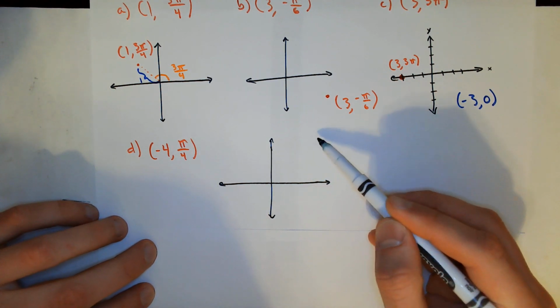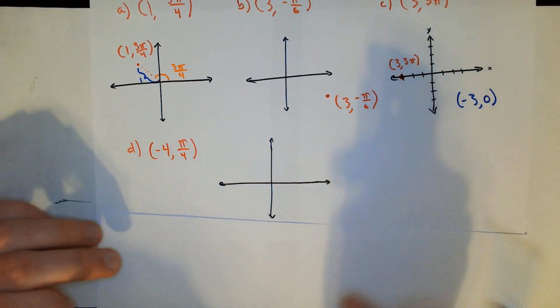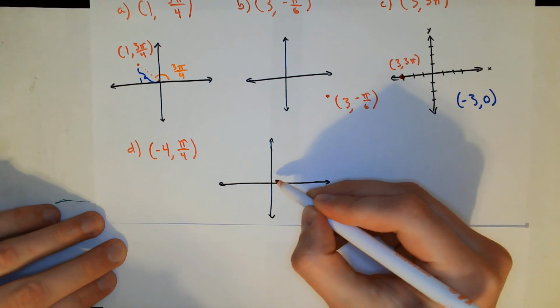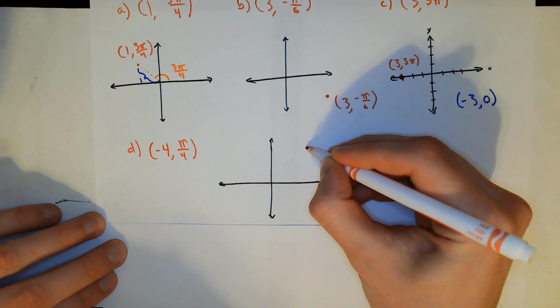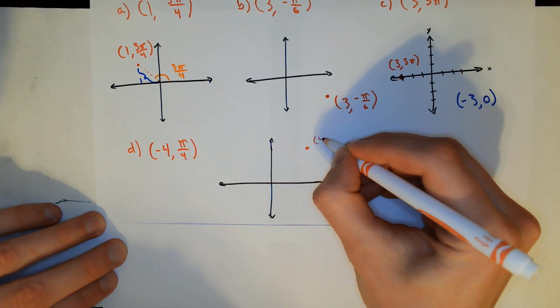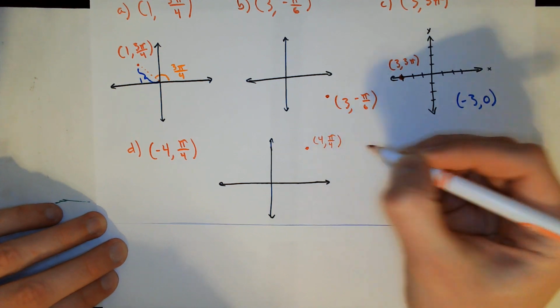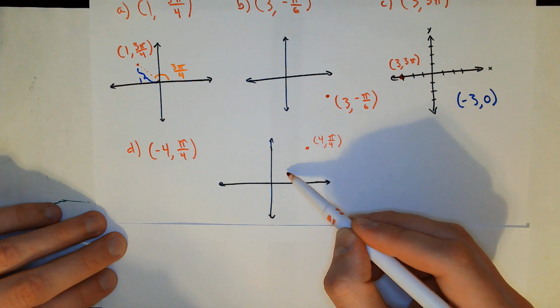That's right down the middle right here in quadrant 1. But my r value is 4. So theta tells me to go in this direction, right? So for instance, the point out here I could say is 4 comma pi on 4, if this distance is 4 and this angle is pi on 4.